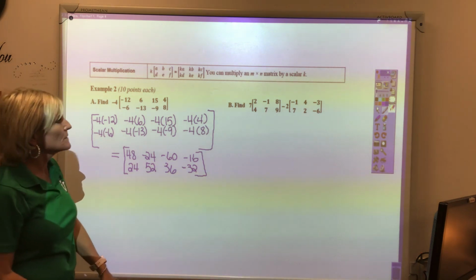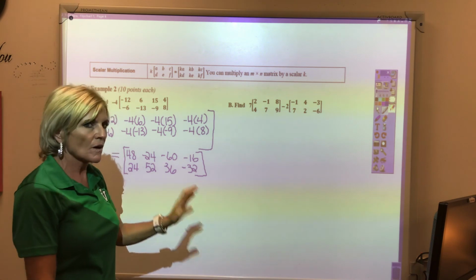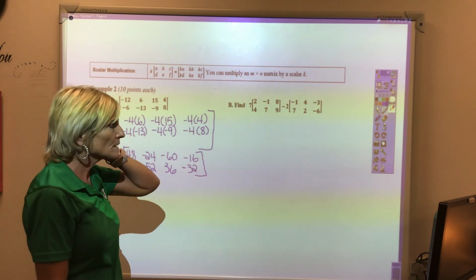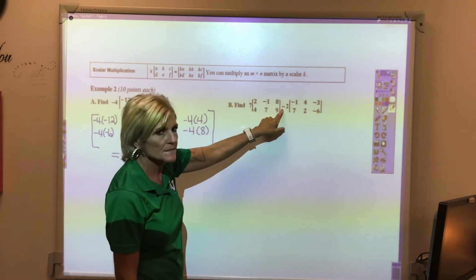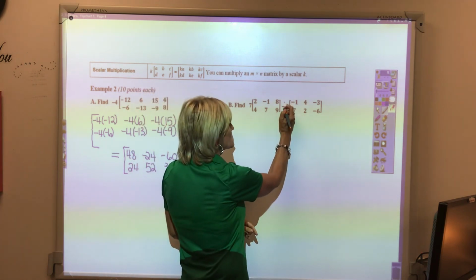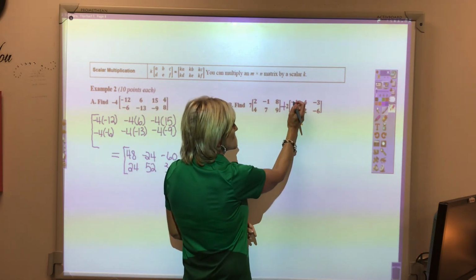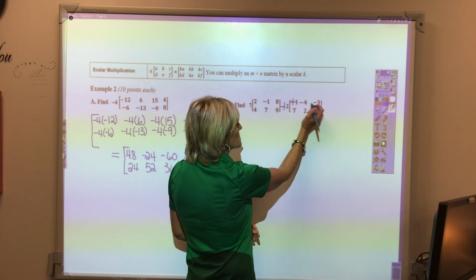On the second one, I'm not going to show all of that work. What I'm going to do, first of all, is I see it as minus here. So I'm going to make this plus, and I'm going to change to get the opposite signs.